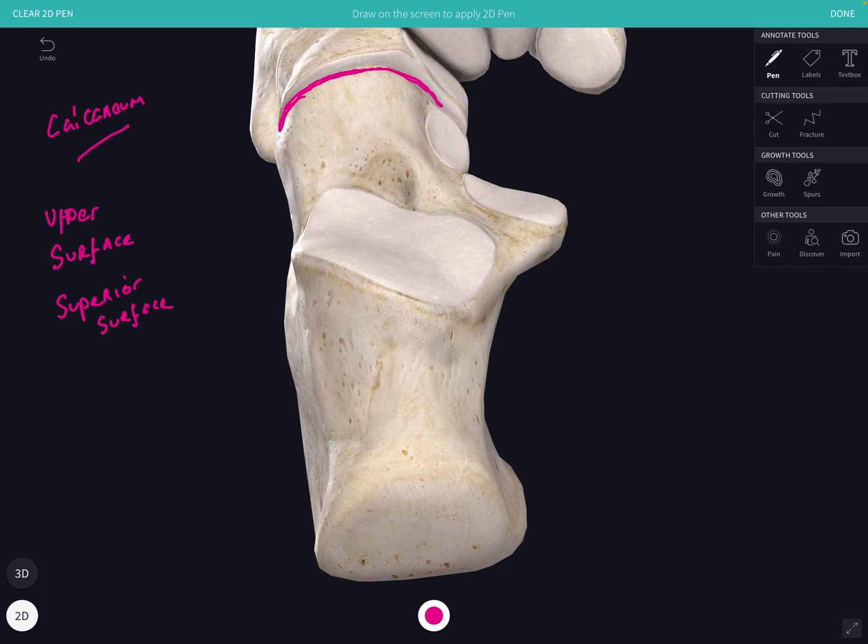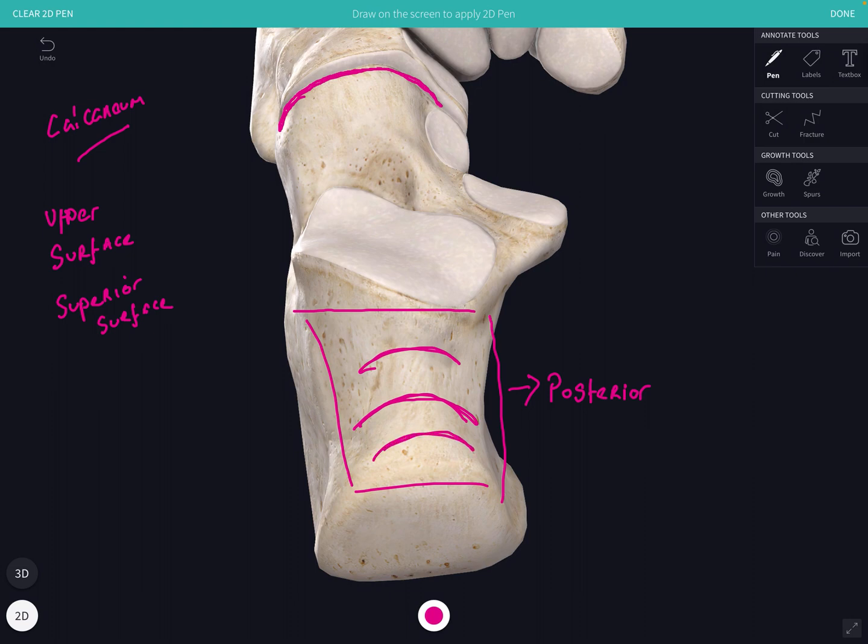The most posterior part of the upper surface, so this posterior part here, is roughened and is convex side to side. Okay, so it's convex and it's roughened.